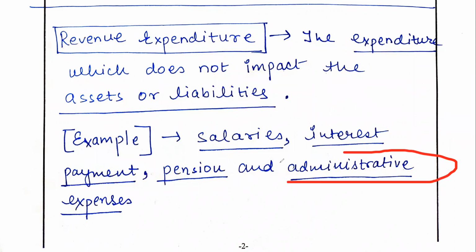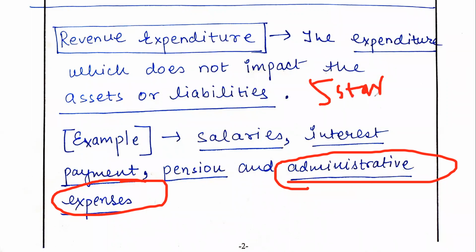Then administrative expenses. Okay, I'll share an anecdote with you. This will help you understand administrative expenses. My father, he's a government servant. Okay, so what he tells me is that earlier, when the babus used to work the whole night, they used to order from 5-star hotels.